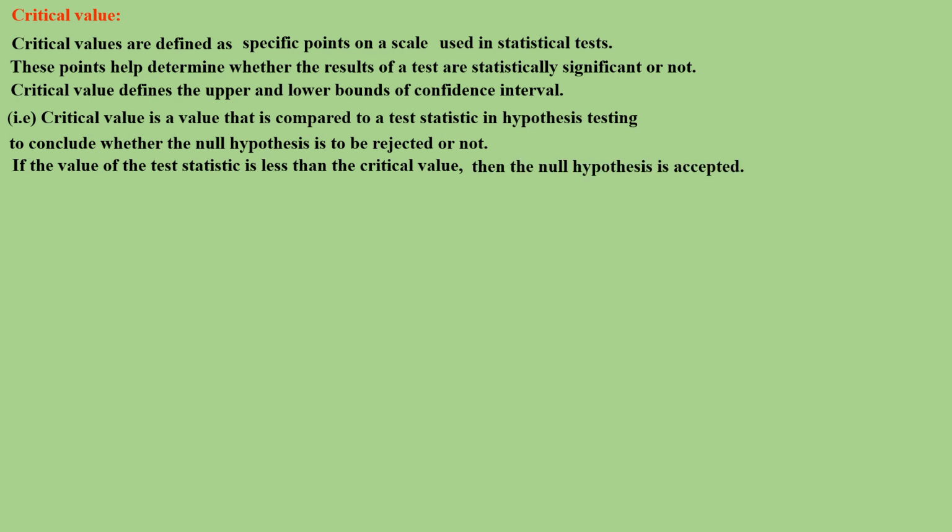Critical value, so normally, suppose we are talking about the upper end, if it is less than that, you have to accept, right. If it is greater than that upper end, then the null hypothesis is rejected.